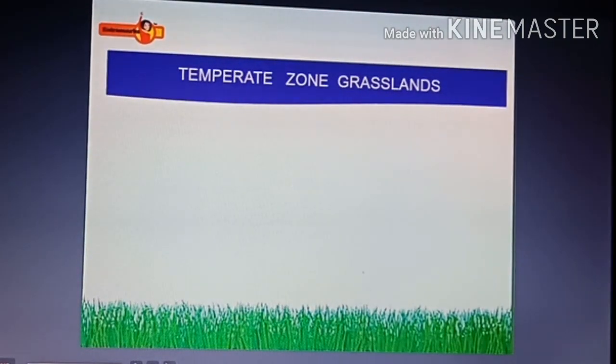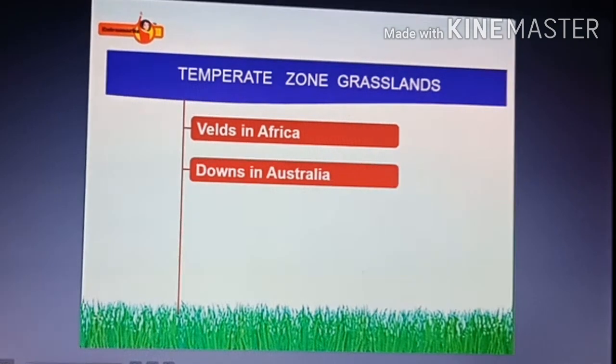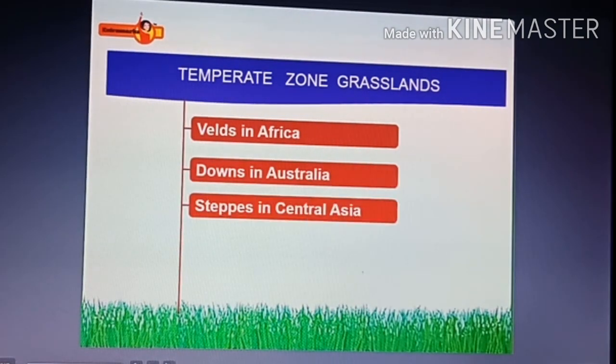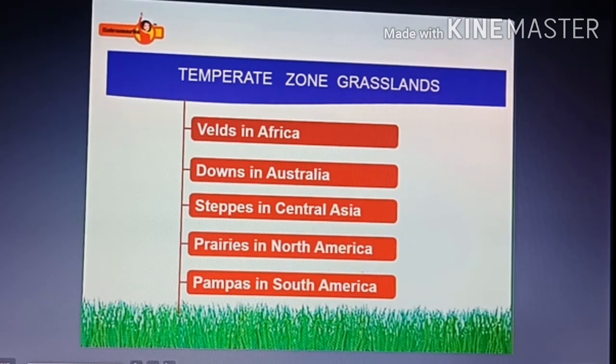Now let's revise. Some major temperate zone grasslands of the world are the velds in Africa, the downs in Australia, the steppes in Central Asia, the prairies in North America, and the pampas in South America.